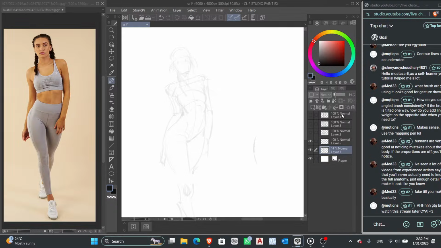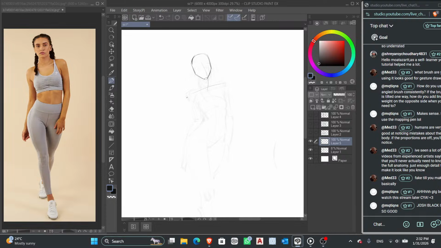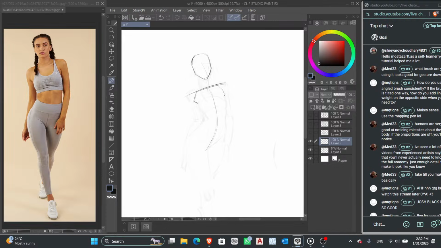And again, I drop the opacity and then go for something like this. You might even try to make a try or two or whatever. Here are the shoulders again. These parts.